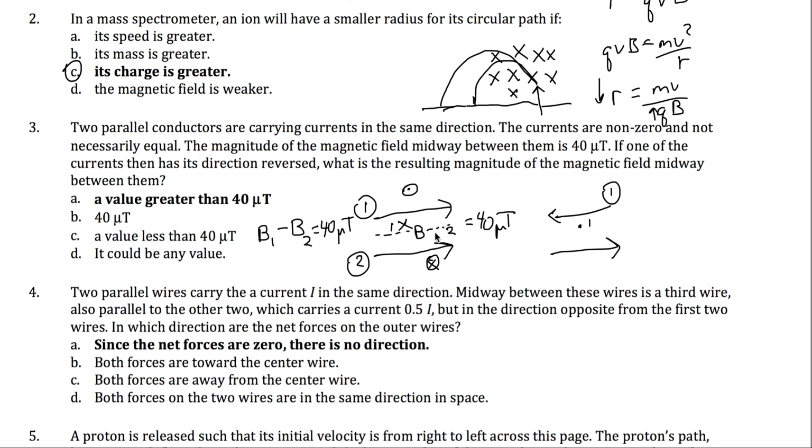So I'll just draw the dot and the X here. So out of the page. Now for wire 2, we already discussed that if you're above wire 2, your fingers are also coming out of the page in between the two wires. So that means that the fields are going to be reinforcing each other. They're in the same direction.